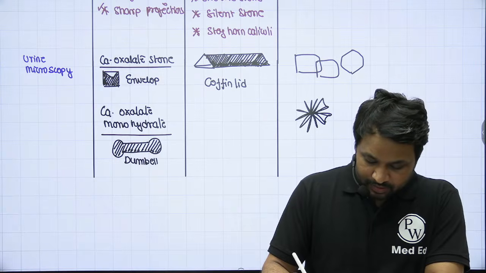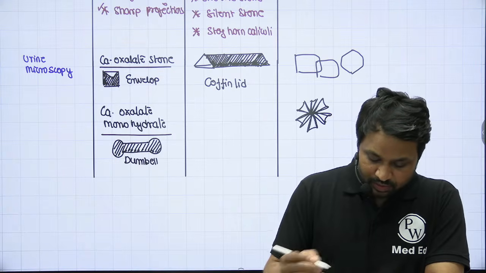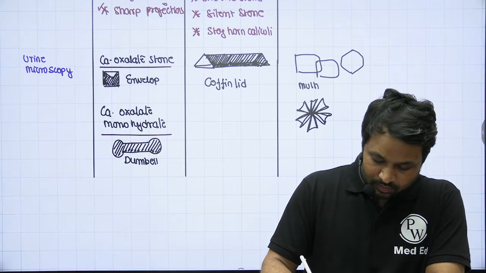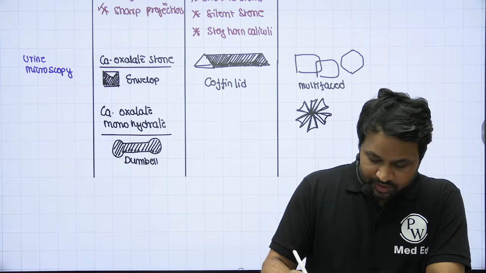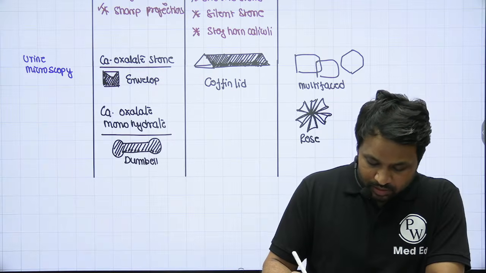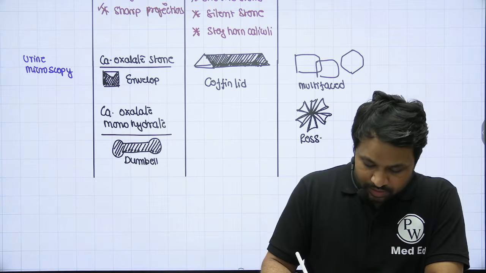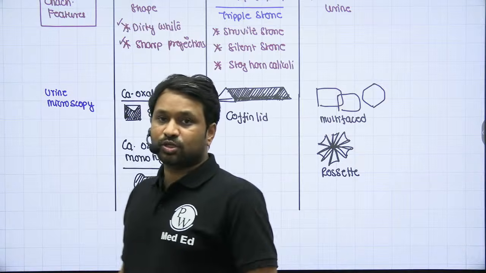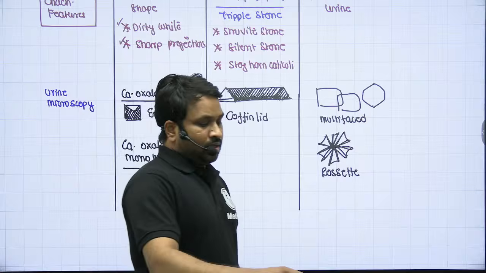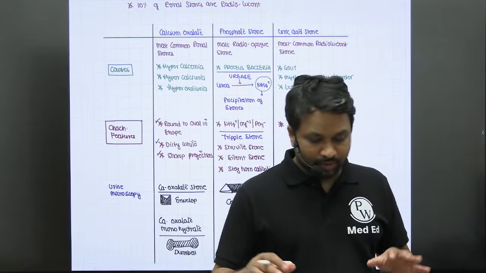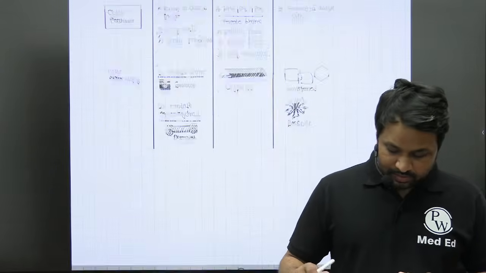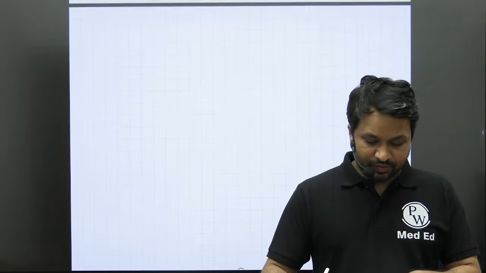It's going to be either multi-faced or a rosette pattern on urine microscopy. So these are the basic details on nephrolithiasis that you have to give. Next comes the important aspect, the clinical features of nephrolithiasis.